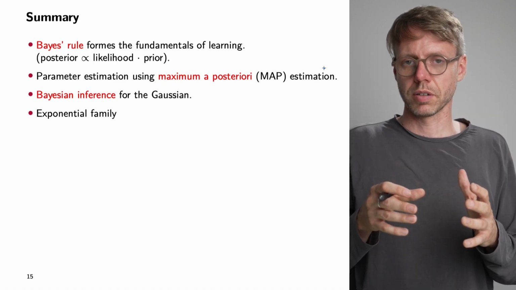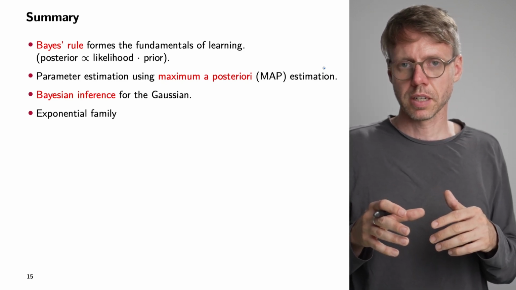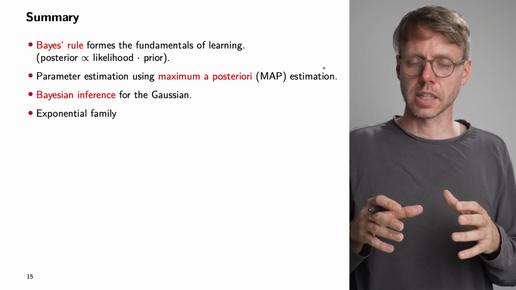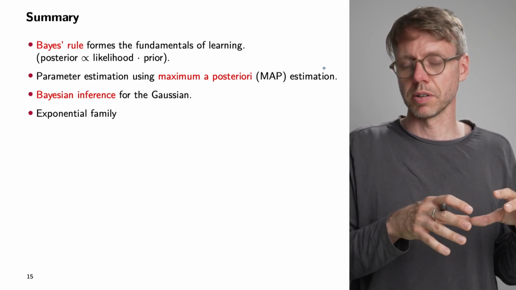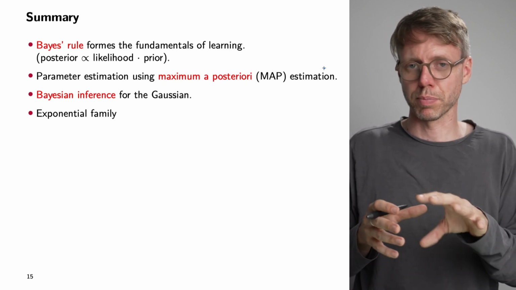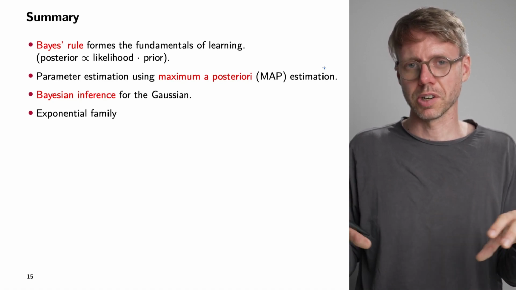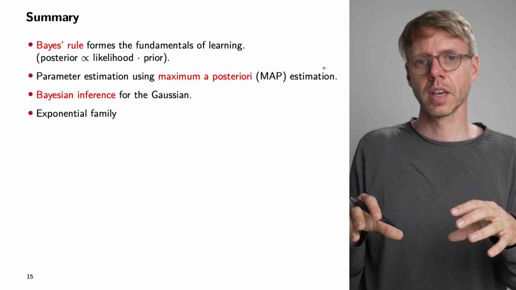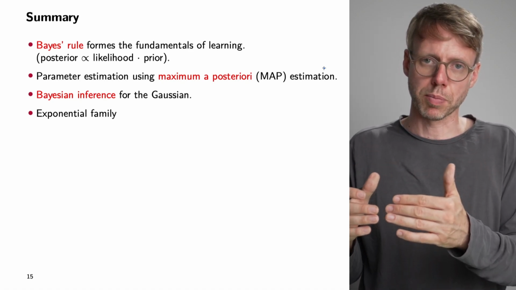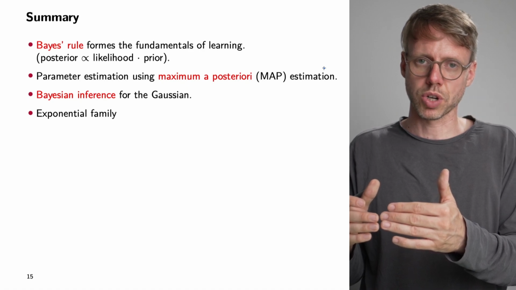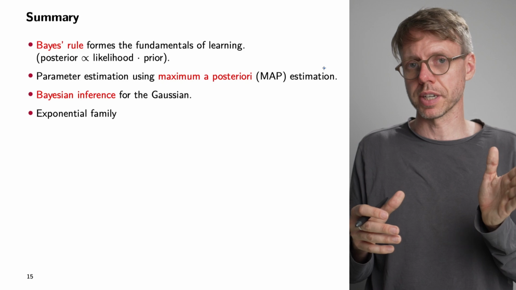Of course, if we're fine with just getting a single parameter estimate, and in case it's not easy to actually compute this posterior because it's only proportional to the likelihood times the prior, so we're still missing the normalizing constant, then we could just maximize this proportional distribution in order to get the maximum a posteriori estimate. That is a single point estimate.